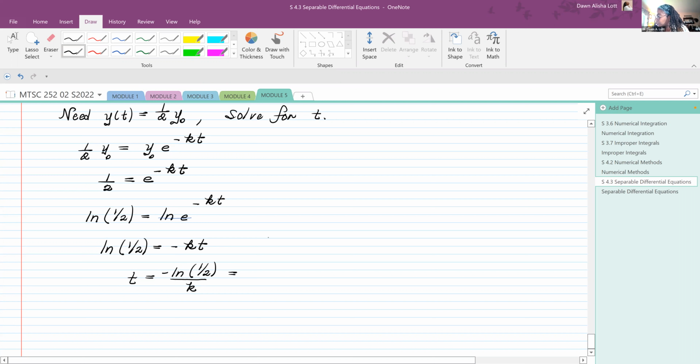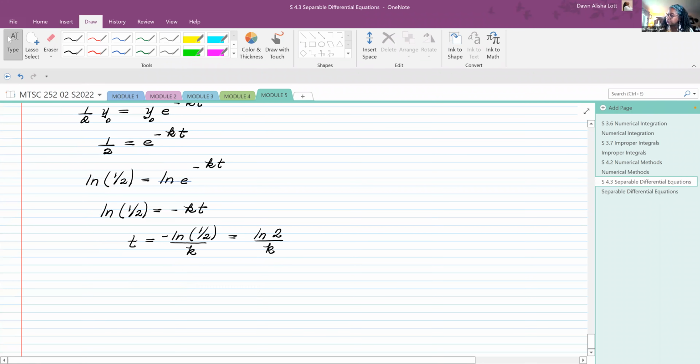And if you use log properties, you get the natural log of 2 over k. So that's going to be the half-life. So tau equal to the natural log of 2 over k is the half-life.